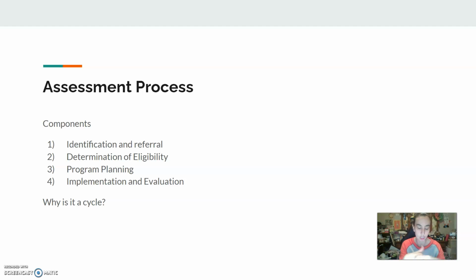implementation and evaluation. So they then implement the IEP that has been signed by members of the school and by the parents and agreed upon. They implement and then they evaluate. And as they're constantly evaluating, they're determining whether this IEP is still relevant, if these services are still adequate for the child.